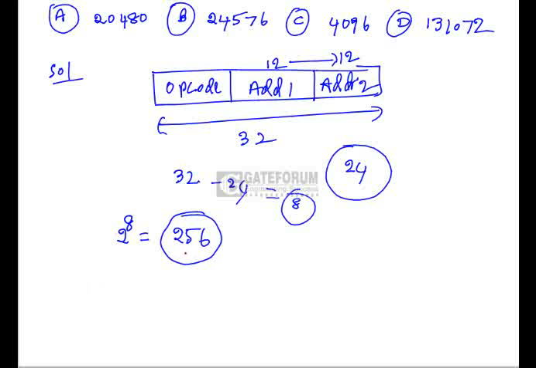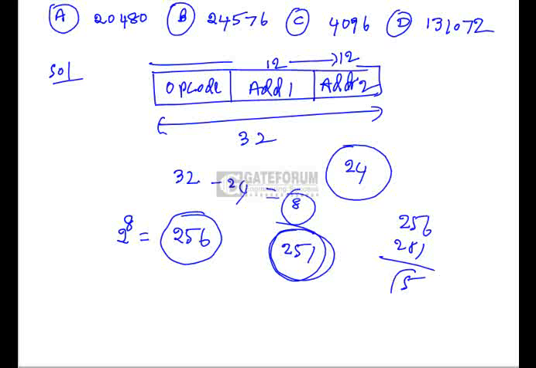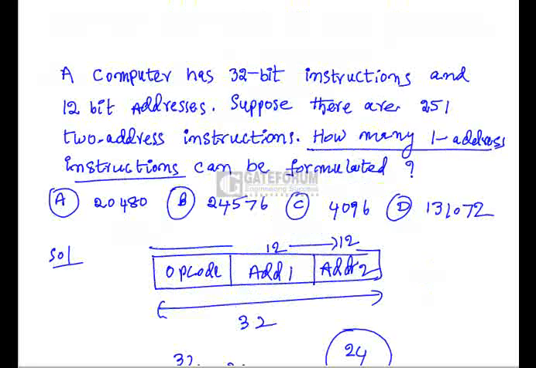Out of these 256, only 251 are used for the two-address instructions. So out of this 8-bit combination in the opcode, we have already taken up to 251 combinations. What are the remaining combinations available? That is 256 minus 251. Only 5 combinations of the codes are available. It is asking how many one-address instructions can be formulated. That means only one 12-bit address.